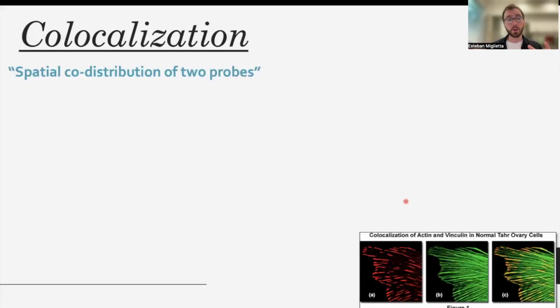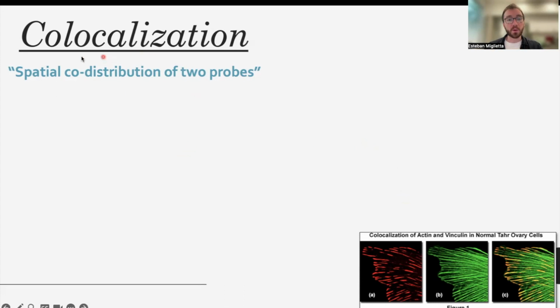If you have ever worked with microscopy images, at one point you probably wanted to measure whether two different signals, two differently labeled structures or molecules, are colocalizing, that is, present at the same coordinates as one another.